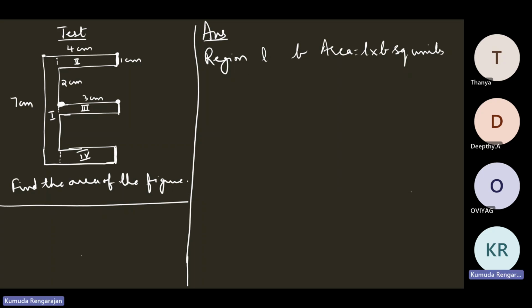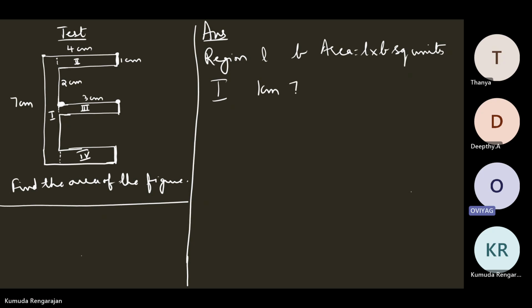Region 1, children. You might have marked it differently, but the dimensions you will have, right? So tell me the dimensions. I'll ask Ovia first. Length of region 1. Ma'am, the length of region 1 is 1 centimeter. Very good. Breadth.